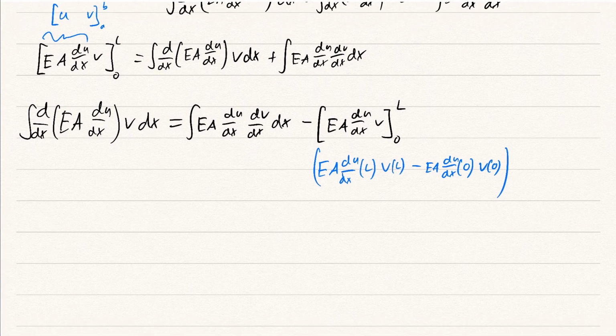And really, v here, it's our basis function. So later when we replace it with a basis function, if it's evaluated at L, it's going to evaluate to 1 because it's our right bound, and this thing here is going to evaluate to 1 if it's its own basis function. Otherwise it's going to be evaluated to 0, and we'll see that when we start evaluating this stuff later.